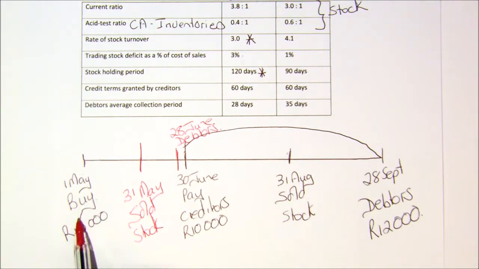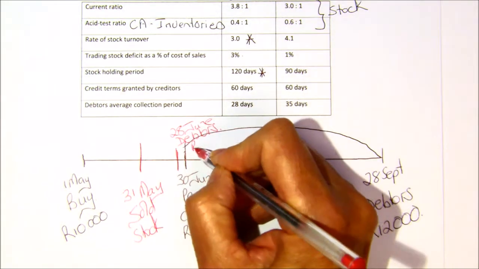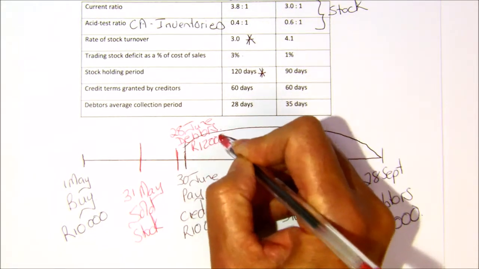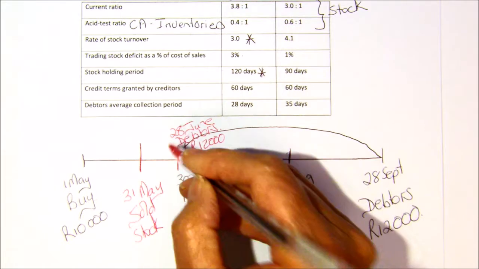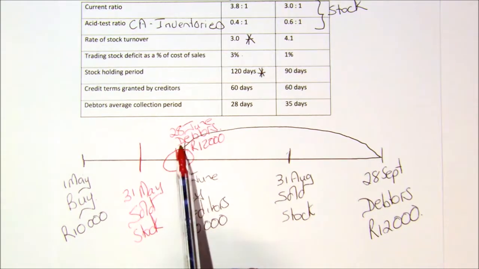Now remember, you bought for 10,000. By the 28th of June, you've got 12,000 in because you made a profit of 2,000. Can you see there that you would have sold the stock, got all the money in before you have to pay your creditors? And that's what we're looking at. That's what we need.